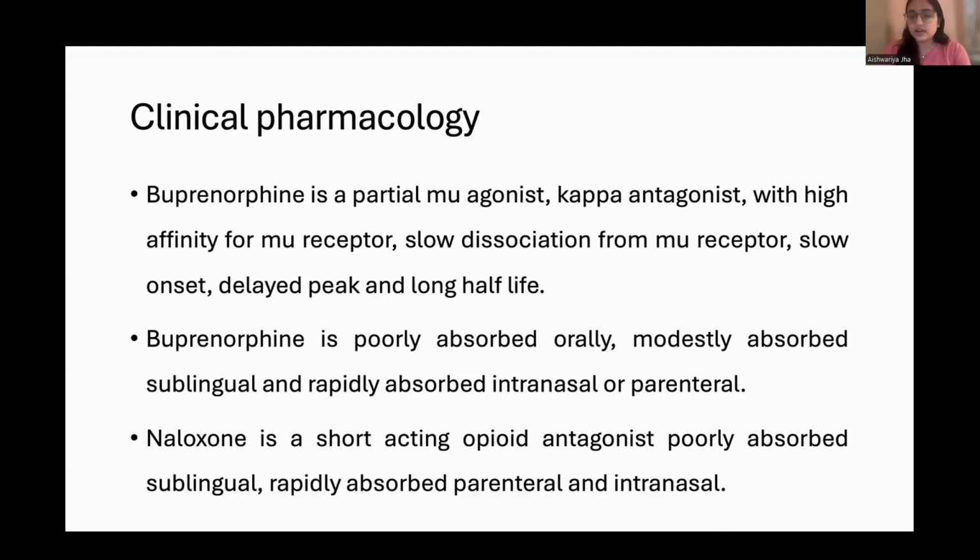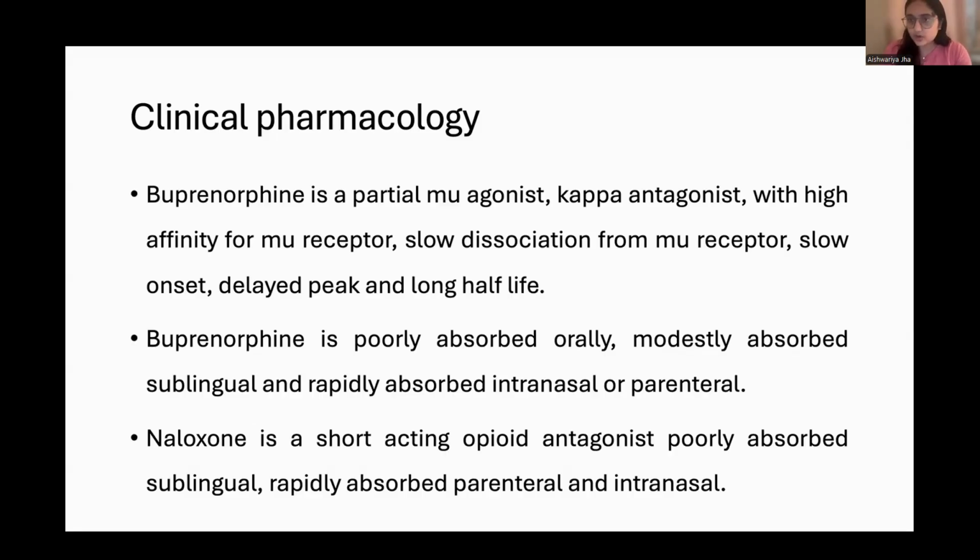And we'll see why. Buprenorphine is poorly absorbed orally, modestly absorbed sublingually, and rapidly absorbed intranasally or parenterally, which means that it actually does have abuse liability if taken in the routes which are not prescribed. But we often prescribe it sublingually. Naloxone is a short acting opioid antagonist which is frequently combined with buprenorphine.